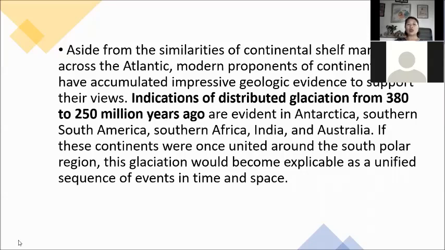So if these continents were once united around the South Polar regions, this glaciation would become explicable as a unified sequence of events in time and space. So another evidence, glaciation from 380 to 250 million years ago. Evident in Antarctica, southern part of South America, southern Africa, India, and Australia.